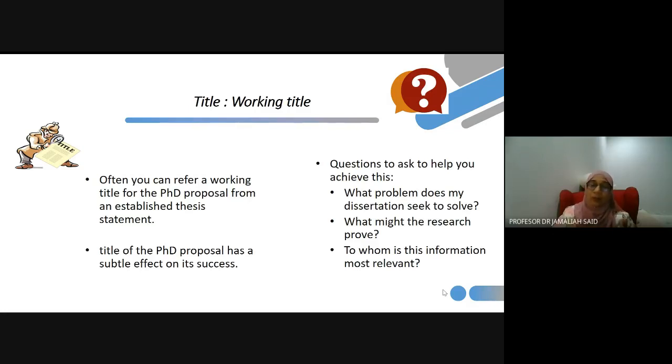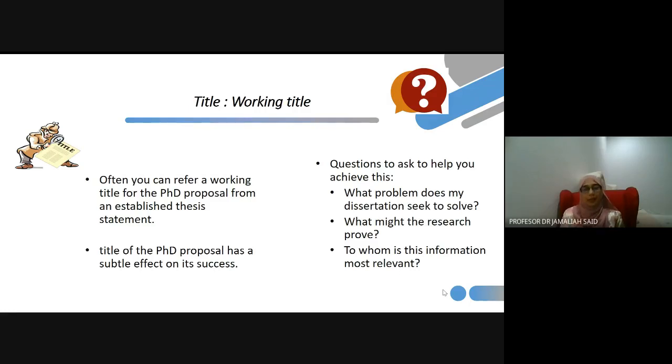Normally from one thesis, students or writers will produce a few papers, a few articles. That's why referring to a thesis to find the title is advisable, because an article's title is normally too narrow.